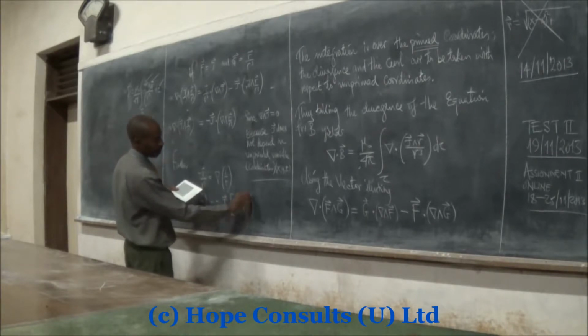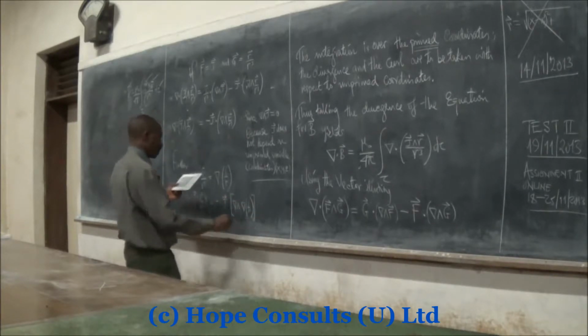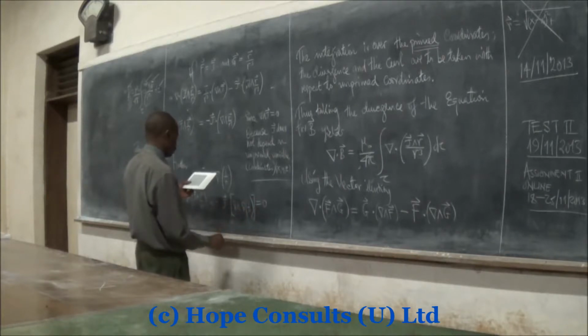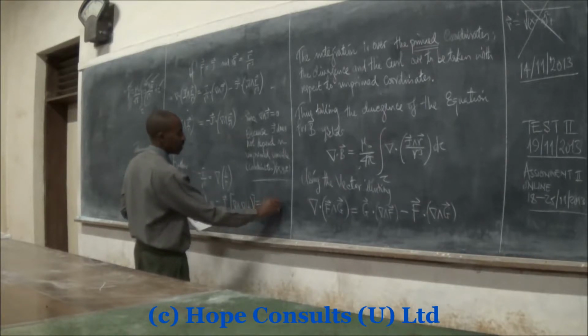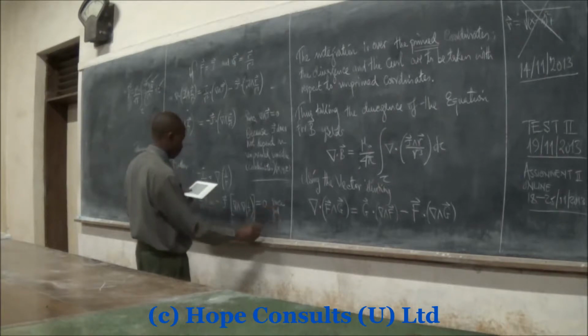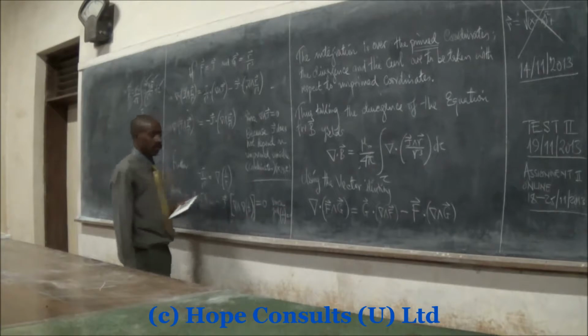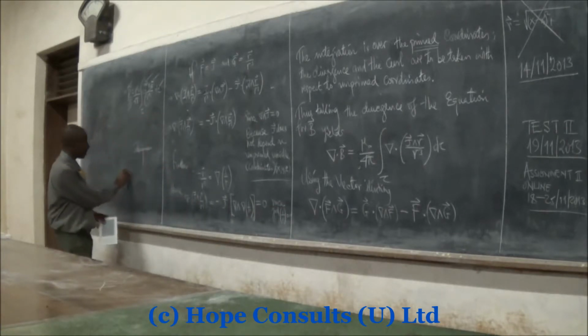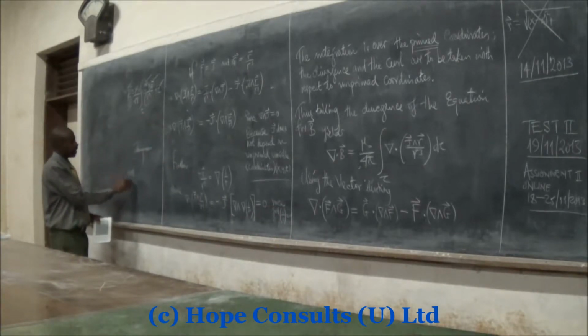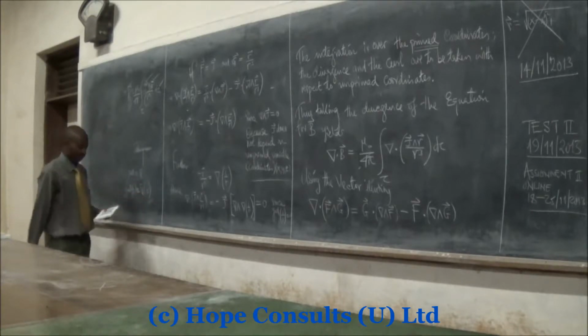This one is okay, and this we say equal to 0 since grad 1 over R, so grad means the grad operator, is equivalent to grad of 1 over R.